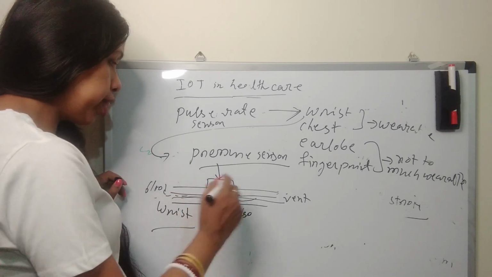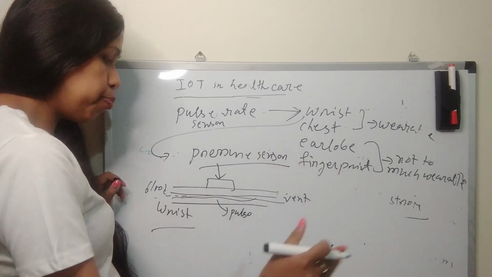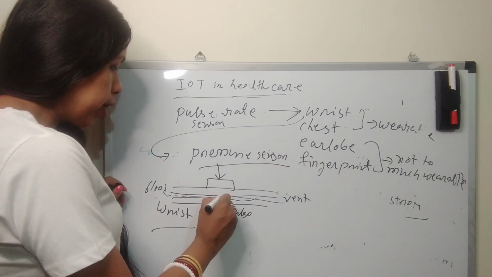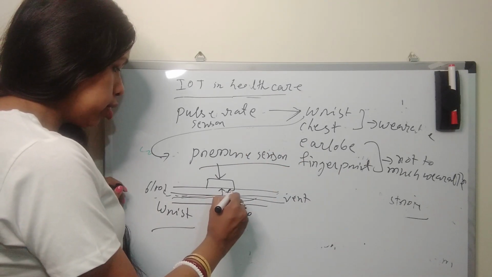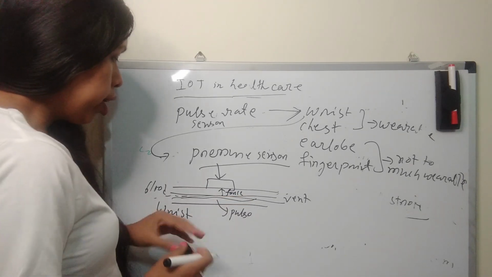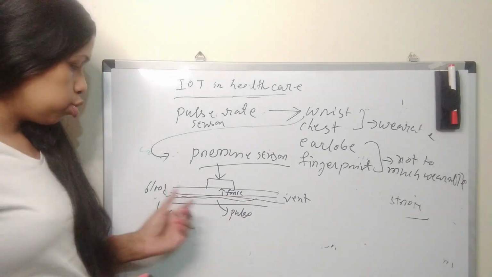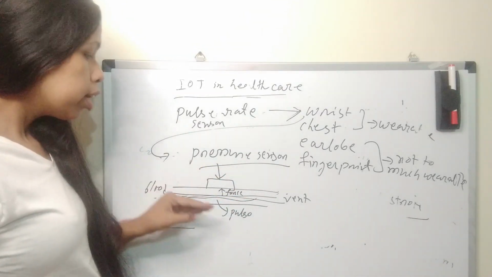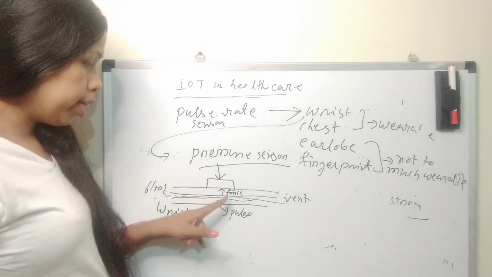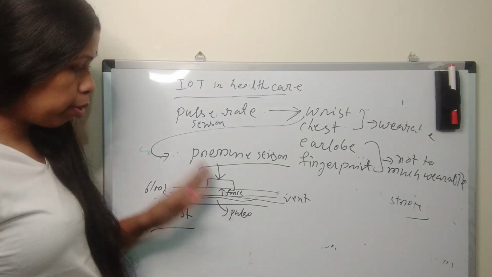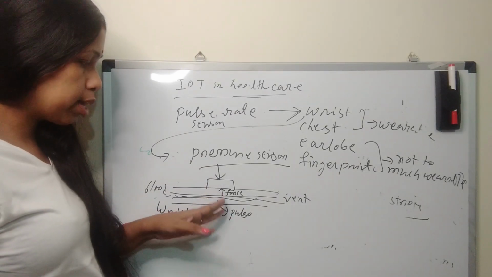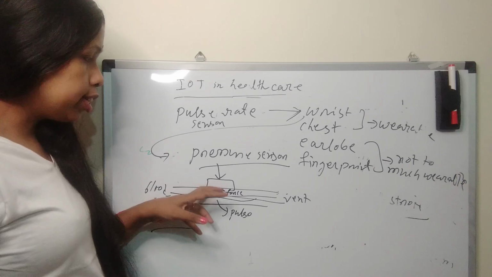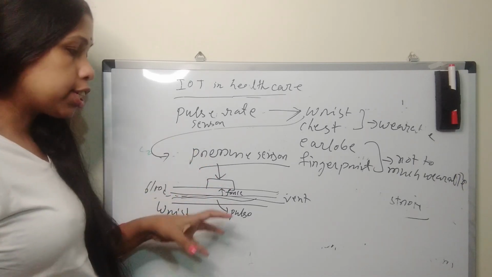From the band, you can measure the pulse. This pulse will give a force here. This is your wrist, here the band is present, and from the band the pulse gives a force towards the sensor. The pulse gives a force towards the sensor, and this force will be detected by the pressure sensor.